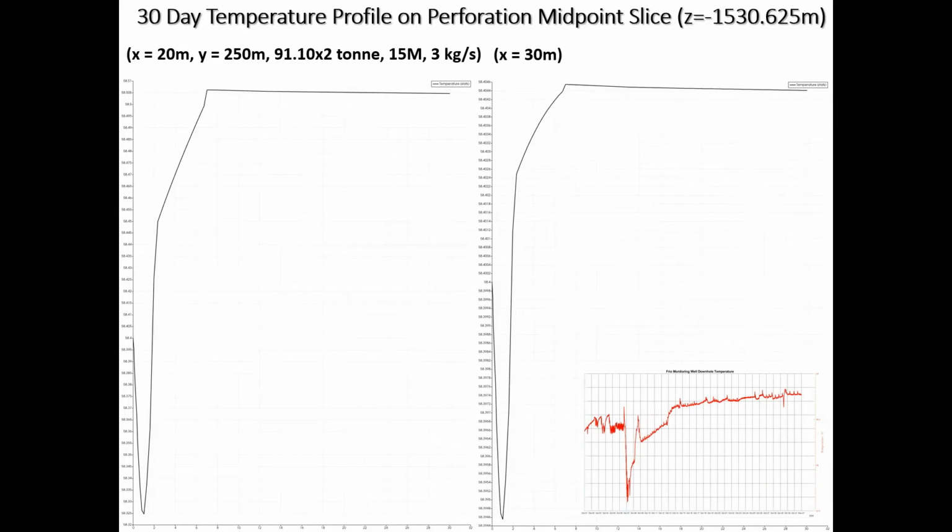This is at coordinate, 20 meters away at 250 meters down, and this is with 91 tons. You can see from this plot, the temperature decreases very sharply and then increases again. You see a sharp decrease and then a sudden increase. And this correlates very well with this drop in temperature.